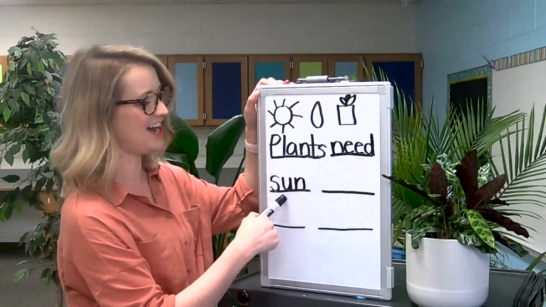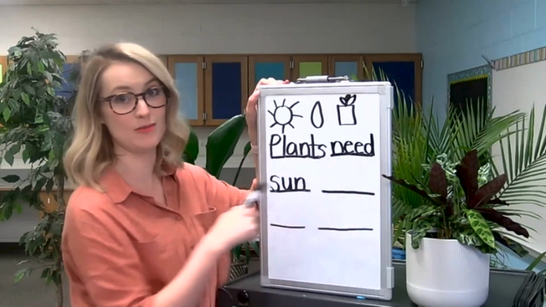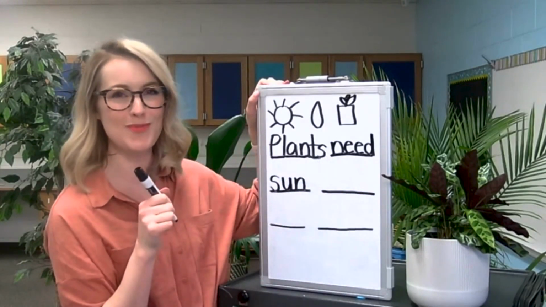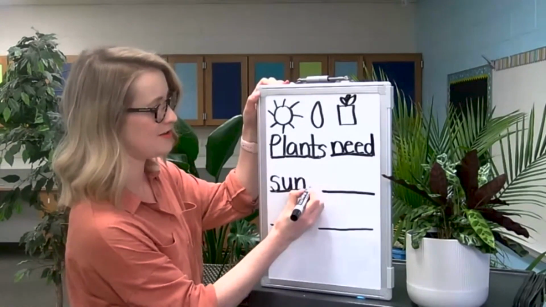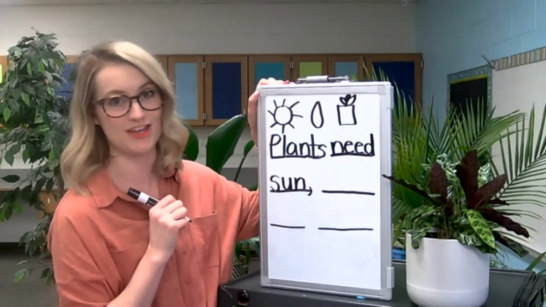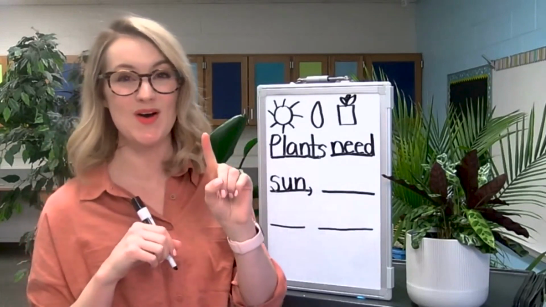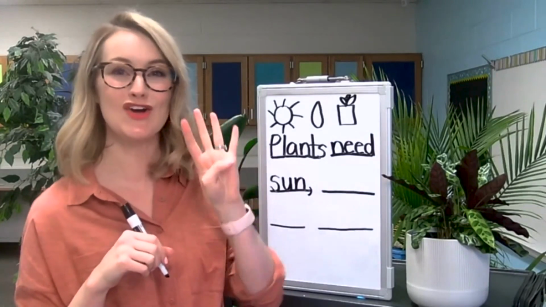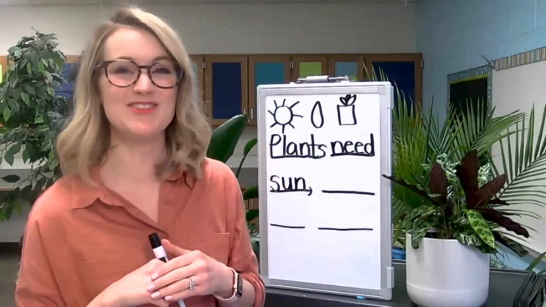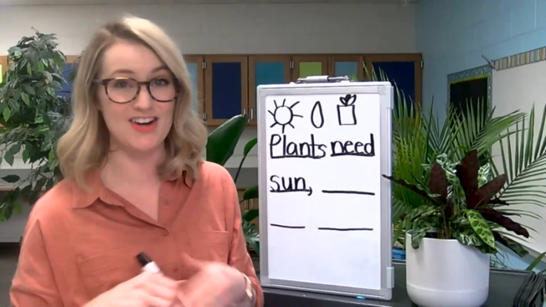Plants need sun. Water comes next. Now we need a special punctuation mark called a comma because we're making a list of things that plants need. Let's stretch out the word water. W, A, T, ER. What sound do you hear at the beginning of the word water?